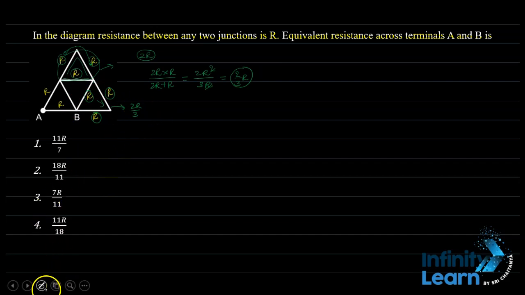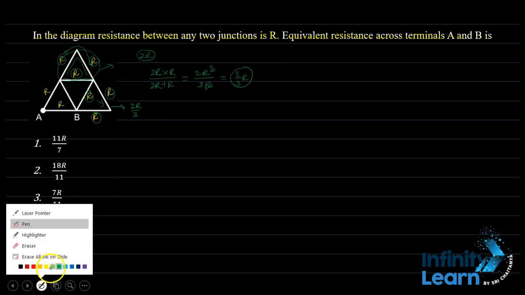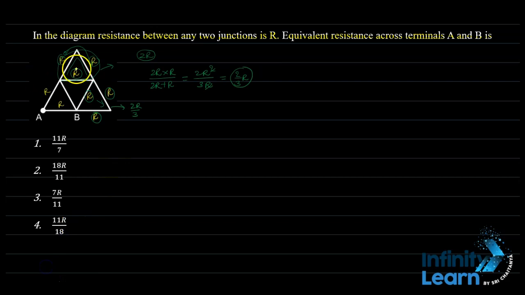So we can redraw this diagram. The three resistances can be drawn as a single resistance of value 2R by 3.